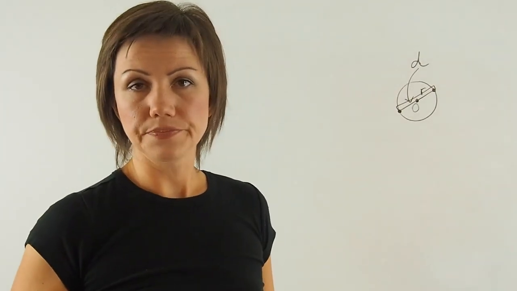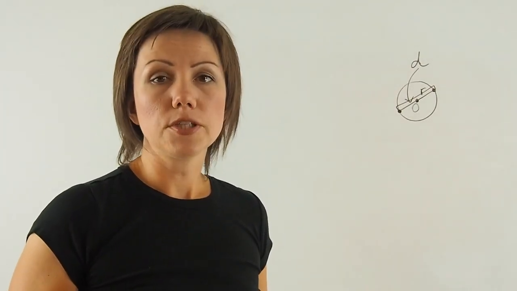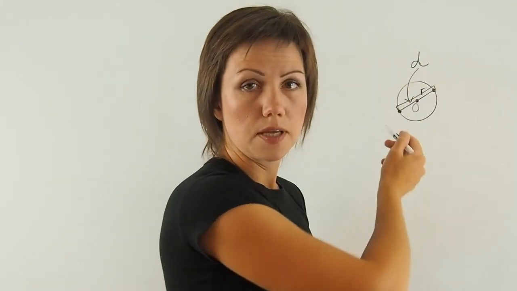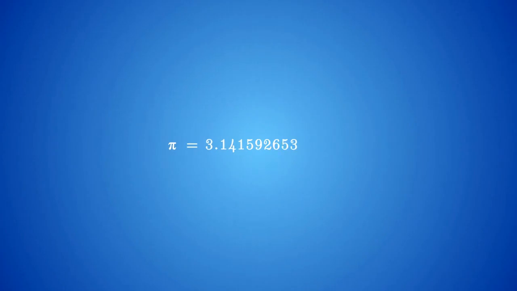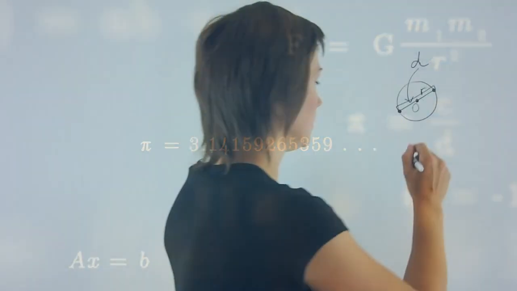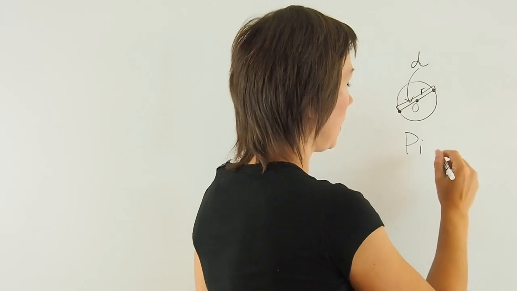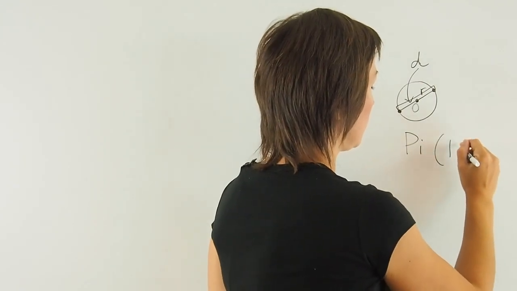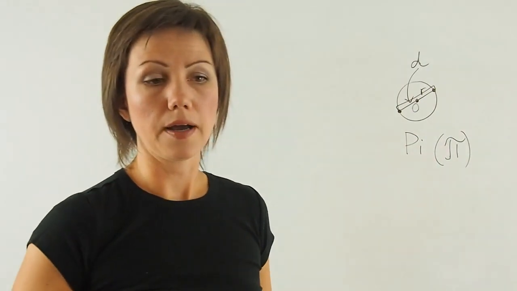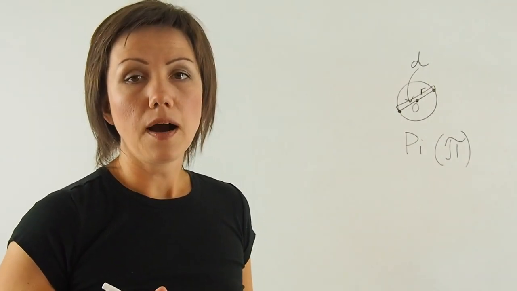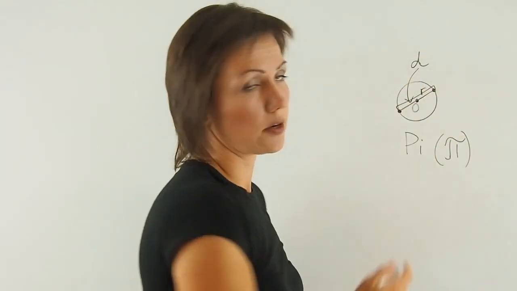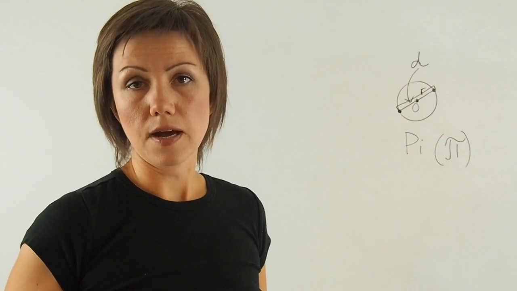The relationship between the total distance around the circle and the diameter always produces the same number, pi. We say pi, and the letter that we use to represent it is a Greek letter, pi. This pi number is always the same when you divide the total distance around any circle by its diameter.